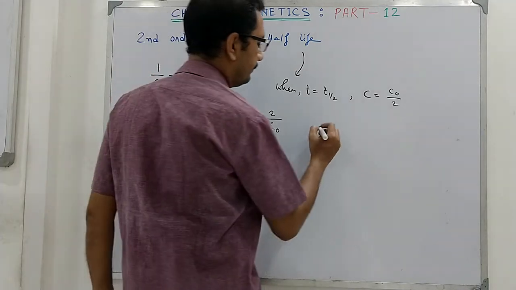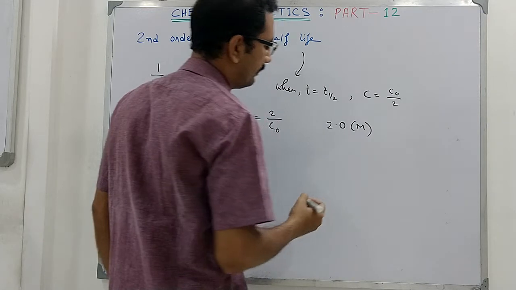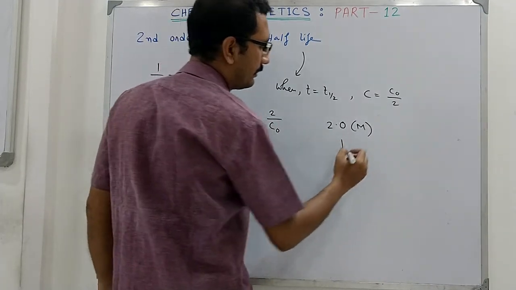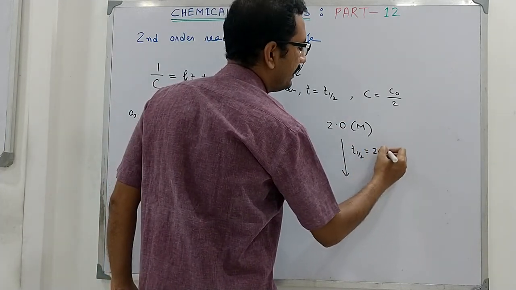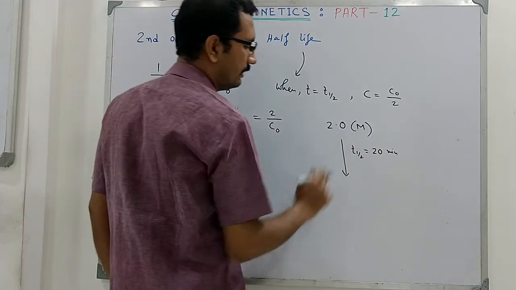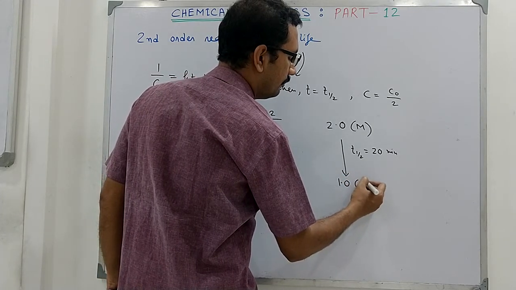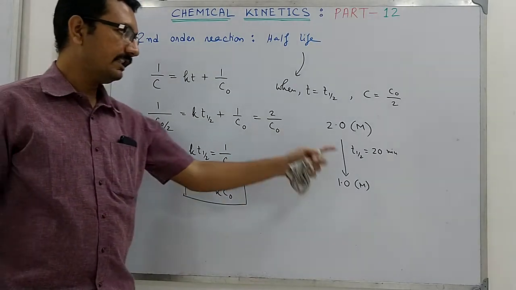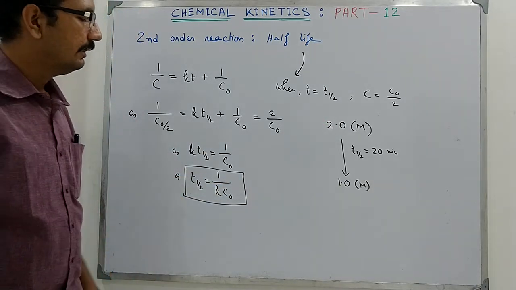So if we start with 2 molar concentration of the reactant for any second order reaction, and if we find that the half-life for that reaction is, for example, 20 minutes, then after 20 minutes we will have 1.0 molar of reactants left from 2.0 molar.